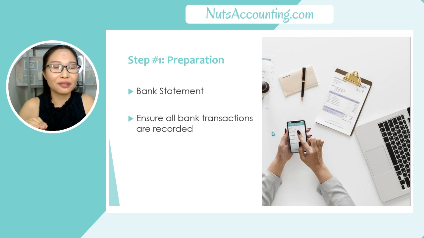Your preparation covers those transactions that you know will happen in your bank statement, such as your supplier payments, the payments that you made to your suppliers. Those are transactions that you know because you are the one that issued the payment to your supplier. So you need to record those kinds of known transactions into your Sage 1 before you start doing your bank reconciliation.